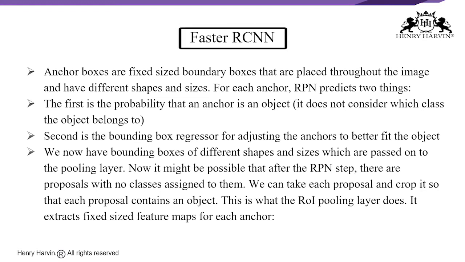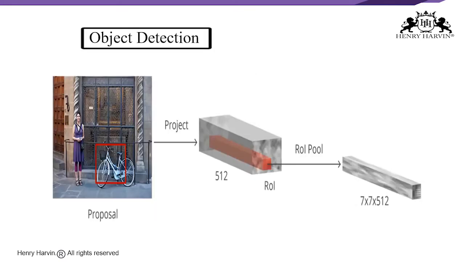It extracts fixed sized feature maps for each anchor. You can see the proposal over here, then ROI pool. These feature maps are passed to a fully connected layer, which has a softmax and a linear regression layer. Then it finally classifies the object and predicts the bounding boxes for the identified objects.